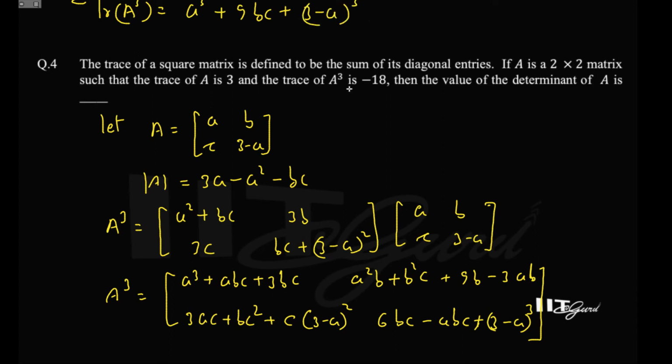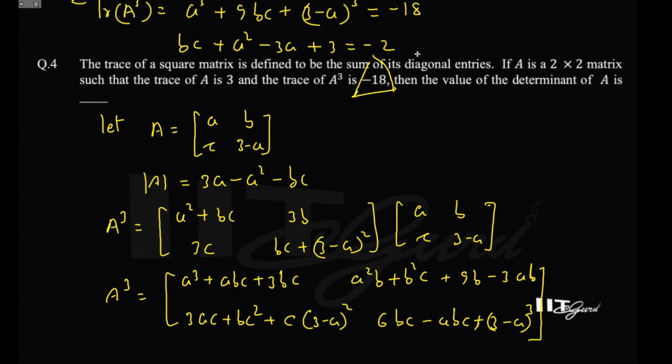Okay, and this is given, that is minus 18. Now equate this with minus 18 and solve it. So what we conclude, that bc, that is plus a square, minus 3a, open the whole, minus 3a plus 3, and finally what we get is minus 2 cube, because the a cube term will cancel later on.